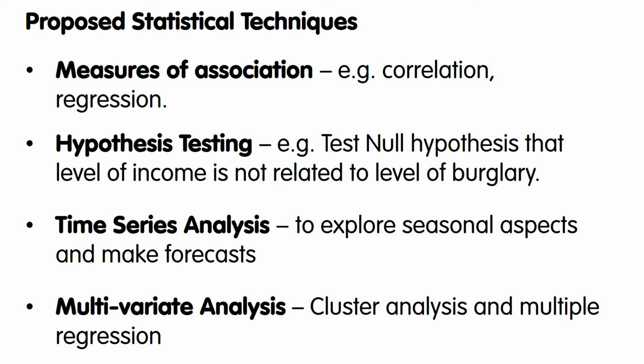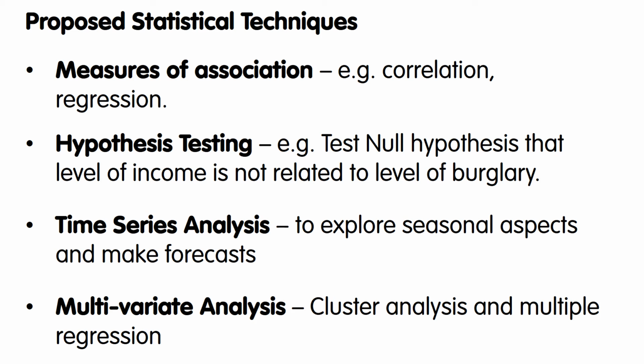And finally, in terms of the fourth main area, looking at undertaking multivariate analysis. So in addition to the bivariate analysis between 2 variables that I've talked about, I also want to look at relationships between more than one variable.